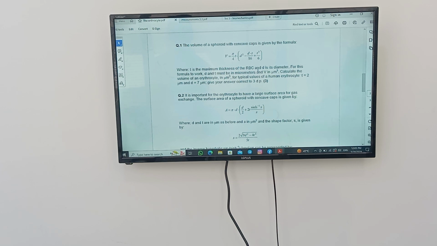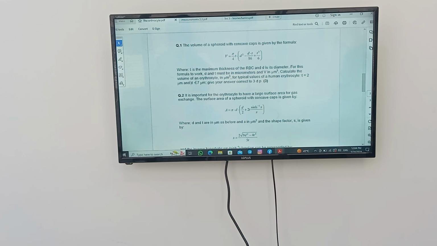So if they are given in meters, centimeters, or kilometers, we have to convert them into micrometers by using the stair method that we just learned previously. And the volume is in cubic micrometers. If they give you the volume in other units, you also have to convert it.